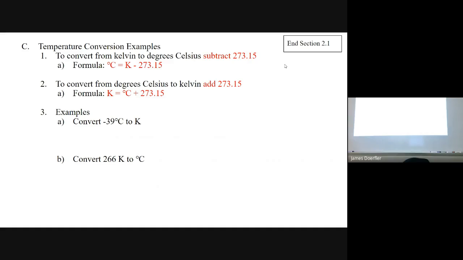From that temperature in Kelvin, you subtract 273.15. You will then have your answer in Celsius. And the opposite is going to be true going from Celsius to Kelvin. You are going to add 273.15 to whatever temperature you have in degrees Celsius.